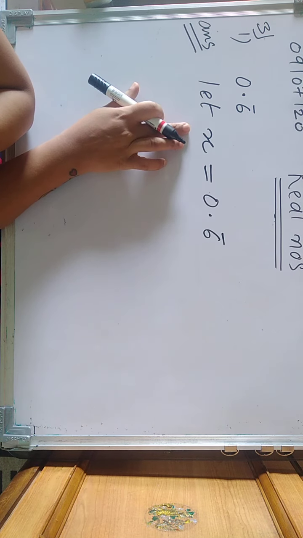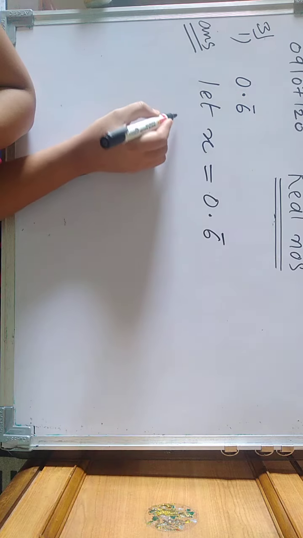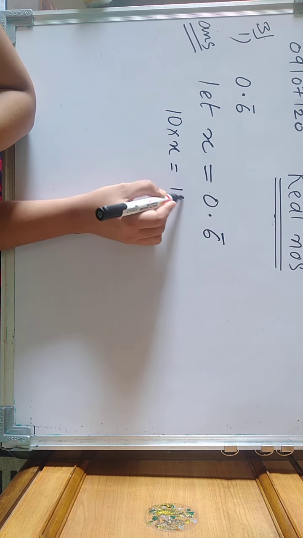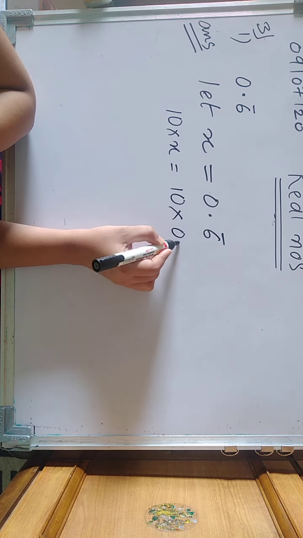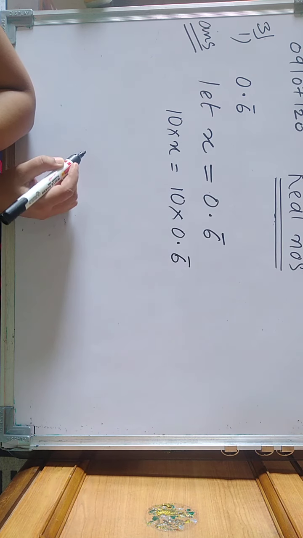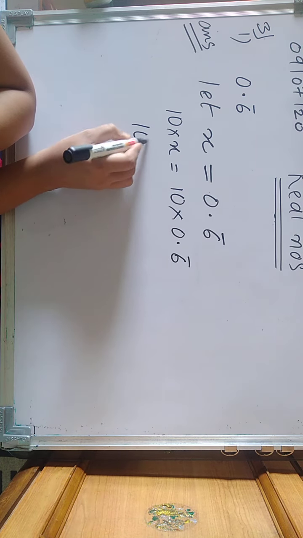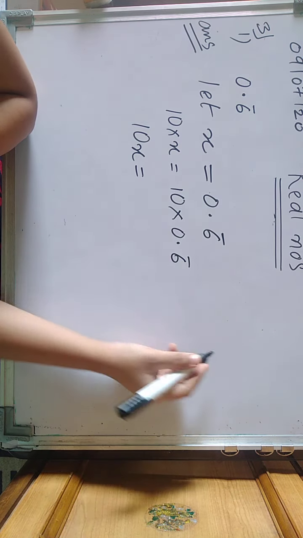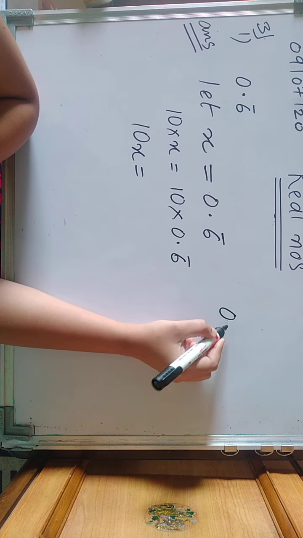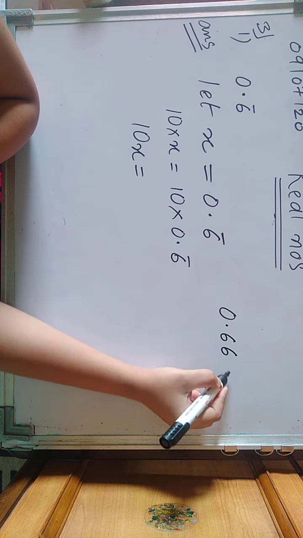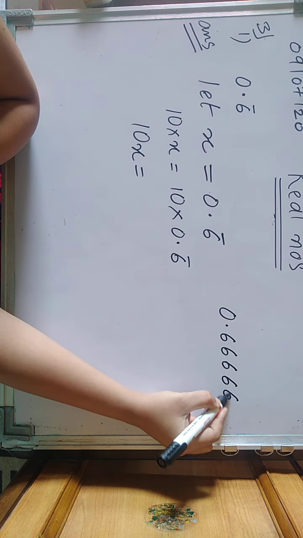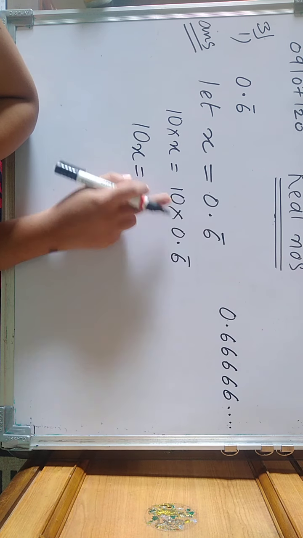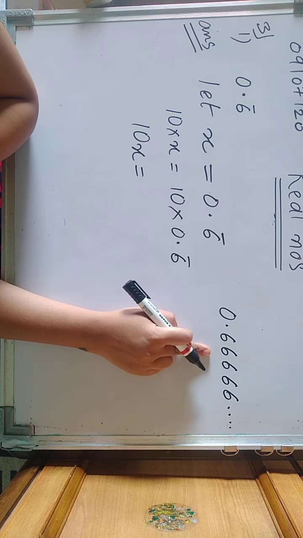So we multiply 10 on both sides. Here 10 will multiply with x, and here 10 will multiply with 0.6 recurring. So this will become 10x, and when you multiply 10 with 0.6 recurring, let's view how 0.6 looks. 0.6 looks like this. Okay, and when you multiply by 10, the decimal jumps towards right.